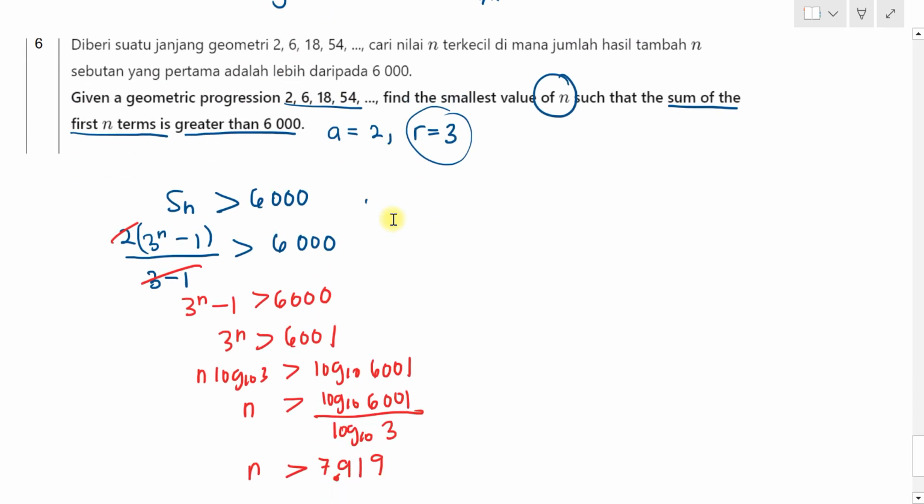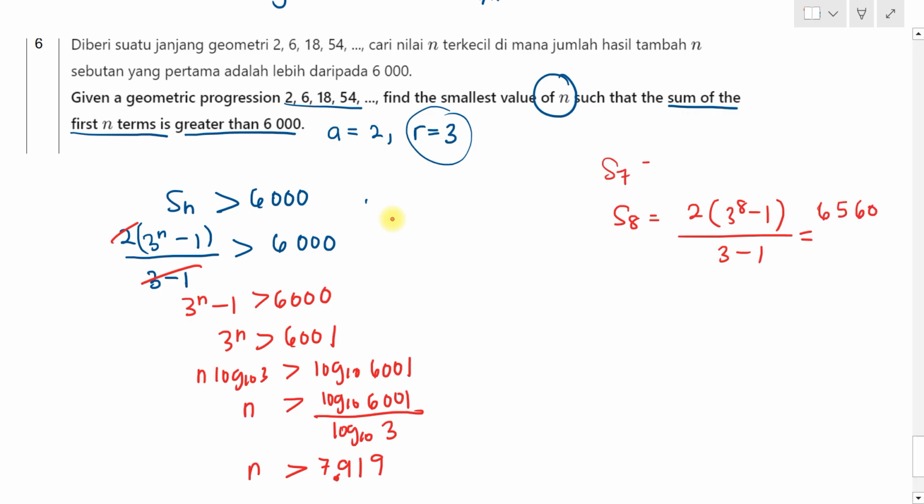And you can check your answer. Try S8. S8 is 2 times 3 to the power 8 minus 1, over 3 minus 1. When you do this, you get 6560.